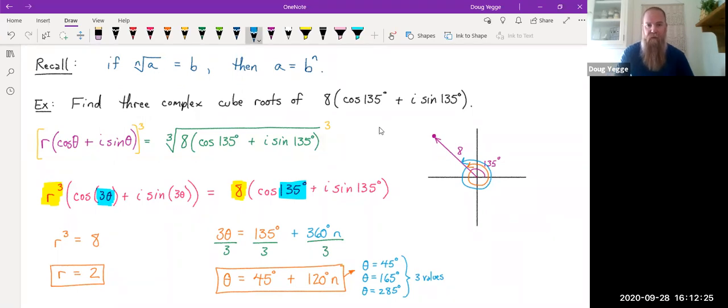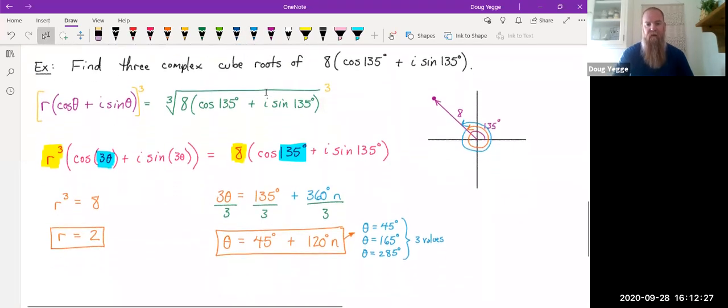And therefore, the 3 complex cube roots, or rather I should say the cubed roots could be Z1, which is what we refer to as complex numbers. So the first cube root would be 2 cis of 45 degrees.